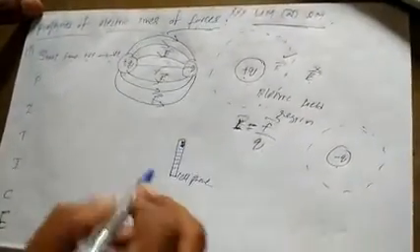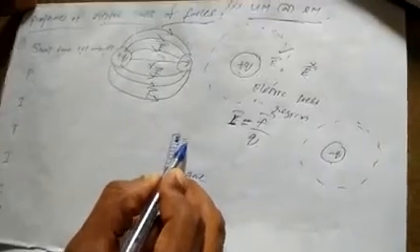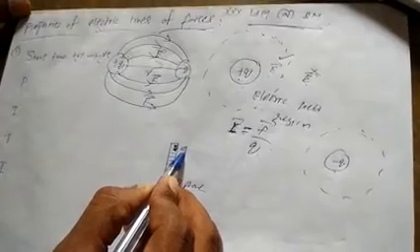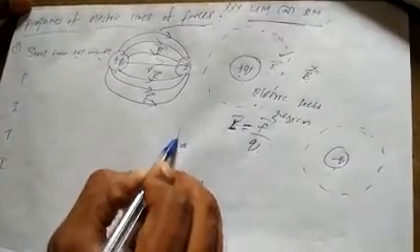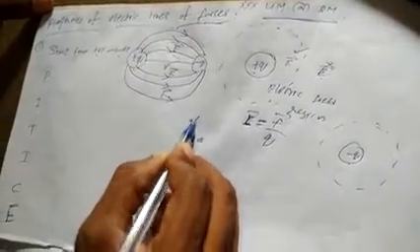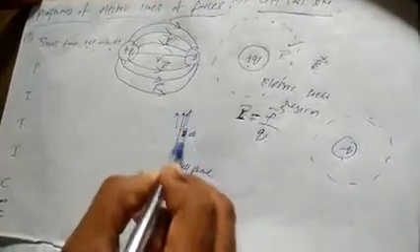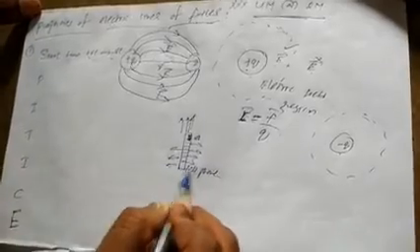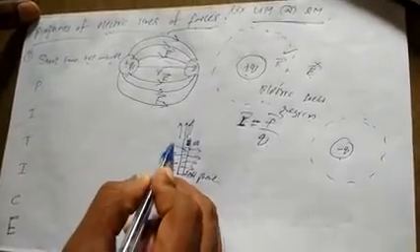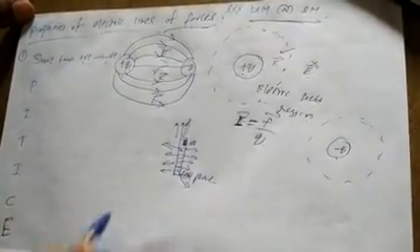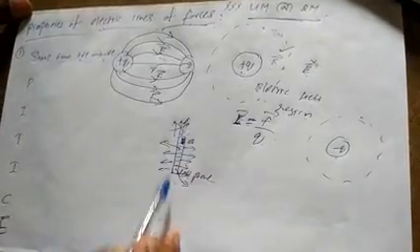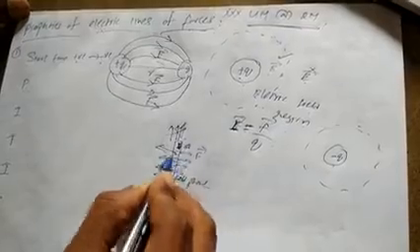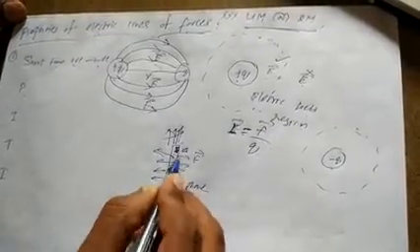This tower will always be perpendicular to the charge carrying conductor. To this cell, the electric field is always perpendicular like this.